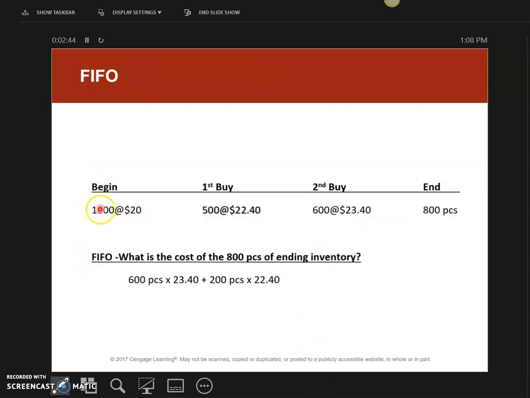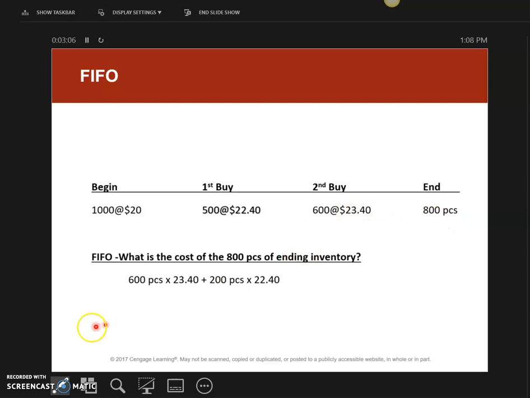Here was my beginning inventory. Here was my first buy. Here was my second buy, and then finally I had 800 pieces. Under FIFO, you understand that all of these have already sold because it's first in, first out. So I'm going to start right here to account for the 800 pieces.